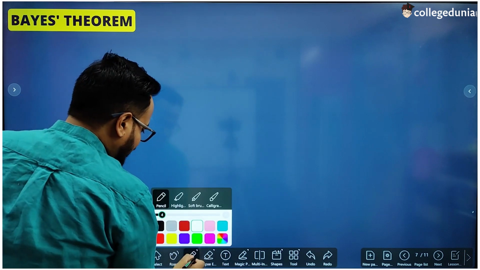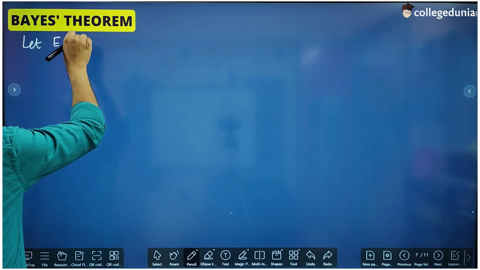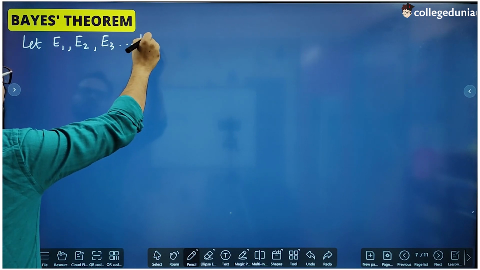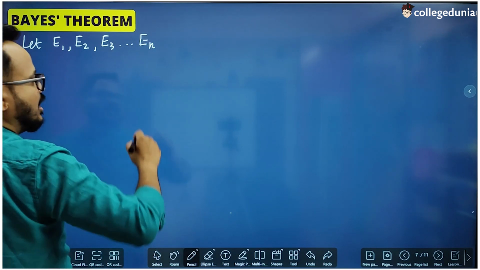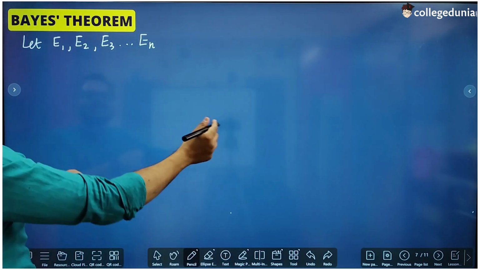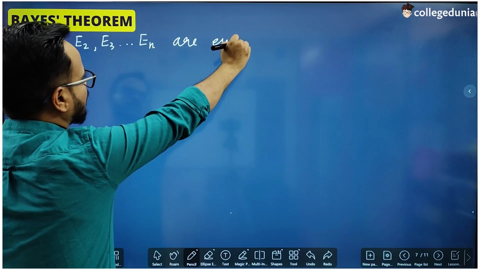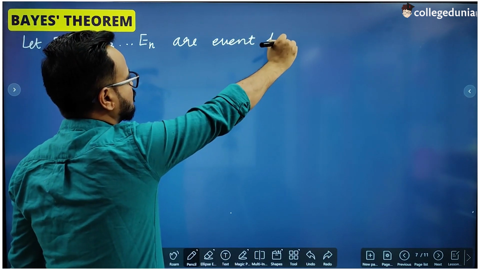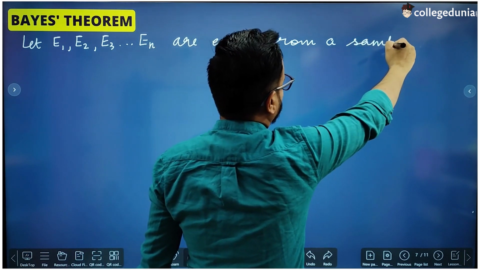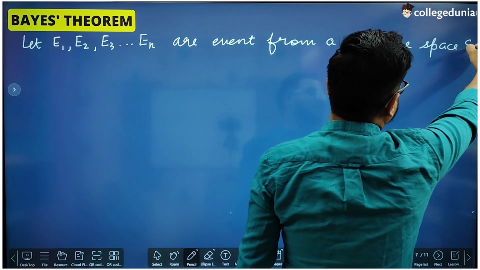So let's start. Let us say that there are n events, E1, E2, E3 up to En, right? And these events are from the same sample space S. Let E1, E2, E3, En be events from a sample space S, right?